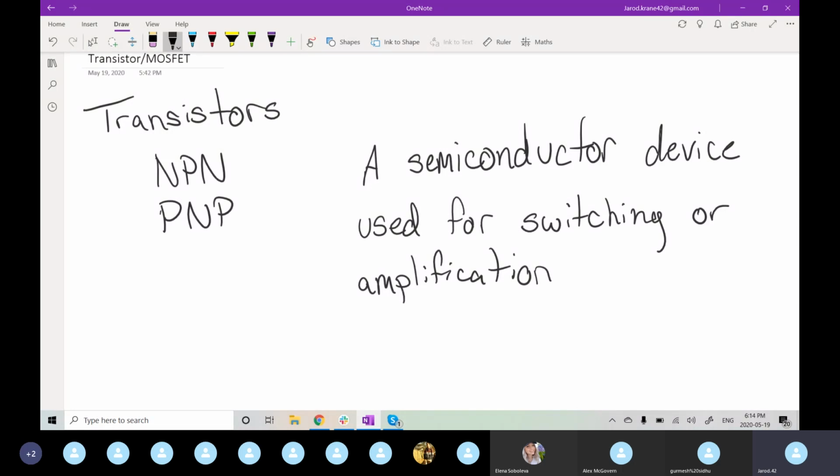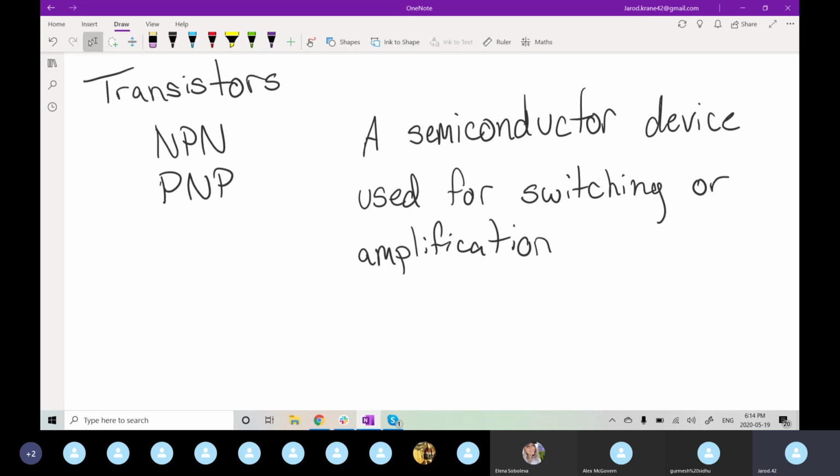And the distinguishing aspect between a transistor to a MOSFET is that these are current regulating devices, or current controlling devices.